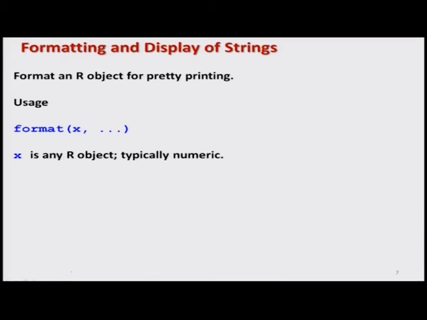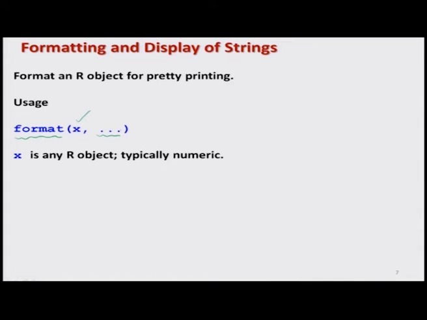Now, this print function gives us an output in a format which is already defined inside R, but now I need to format it. In order to format any outcome, we have a different command called format, and inside the brackets we give the values which we want to format in a particular way.